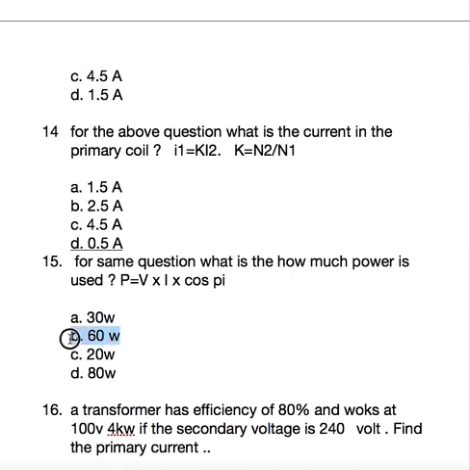The answer is 60. Place the voltage value and the secondary current value, and cos phi is equal to 1. You will get the value of the power.